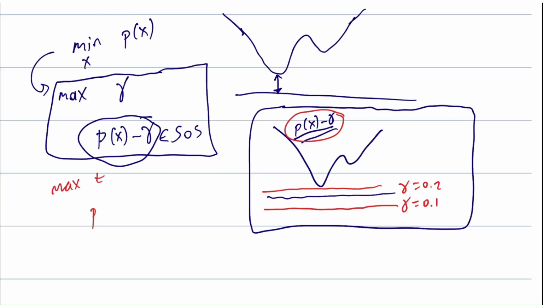Maximize P such that P minus P is SOS, right? And we can indicate this as equals P SOS. This is another polynomial.